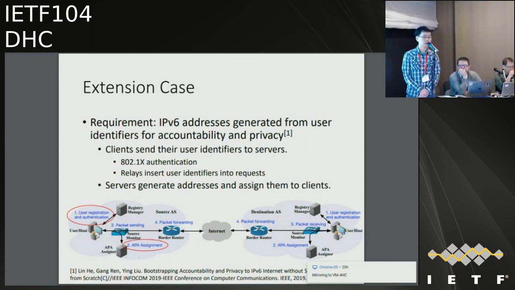The first one is that clients send their user identifiers to servers. The second one is servers generate addresses and assign them to clients. However, this needs the help of other protocols. We are wondering if the DHCP is more extensible, so we can do it better. Next, please.